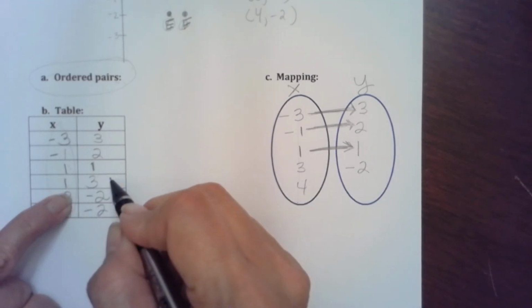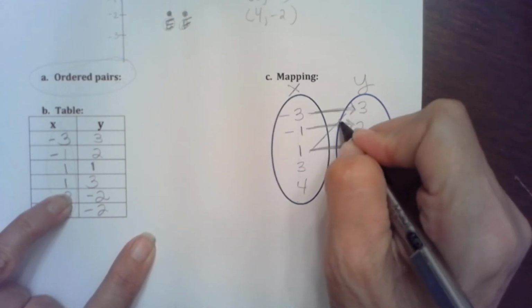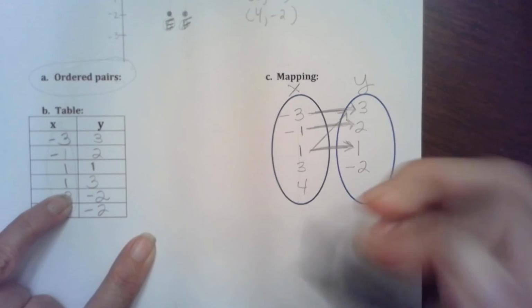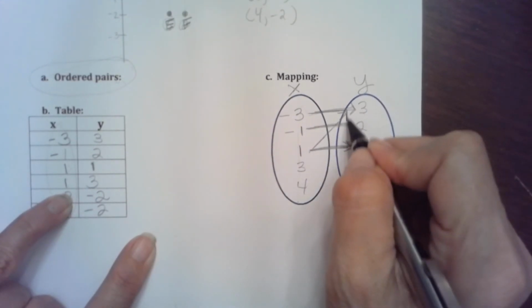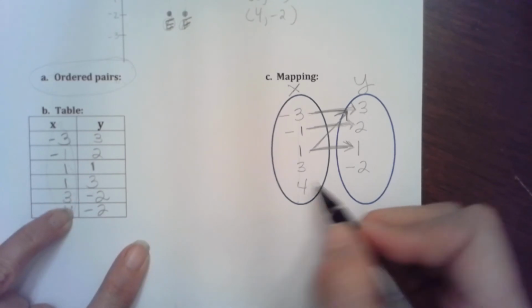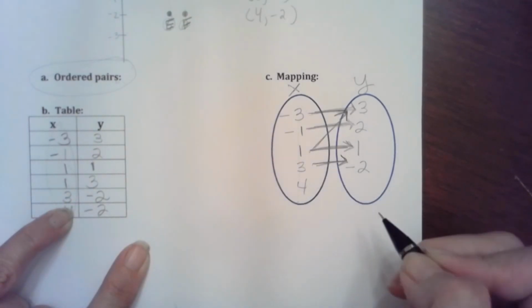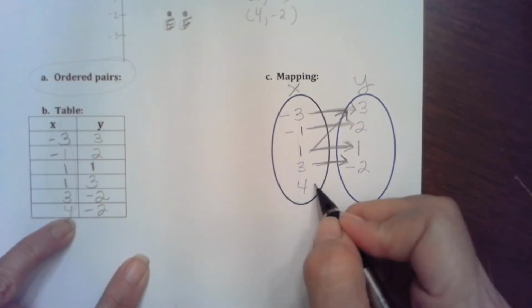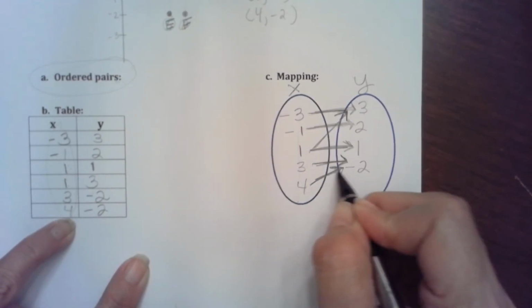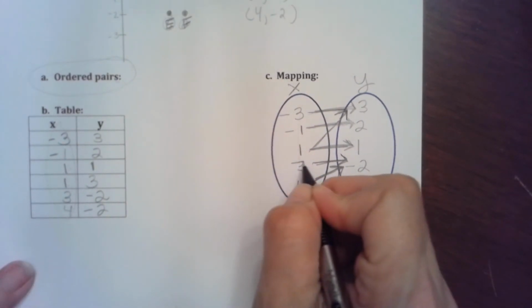Now from 1 to 3, all right, now it's getting interesting. So we go this way. Can you see that arrow? And then 3 to -2. And 4 to -2 also. So that's what our mapping looks like.